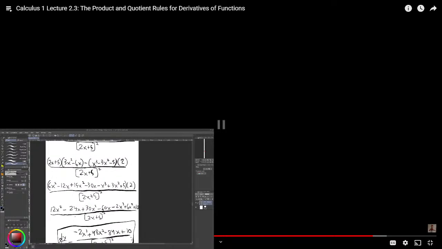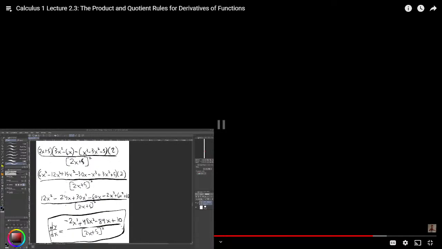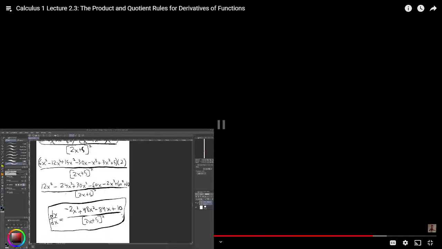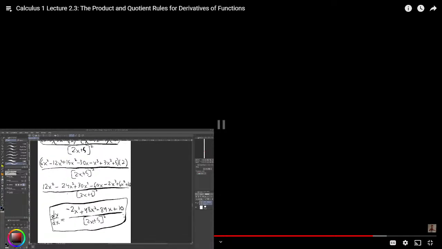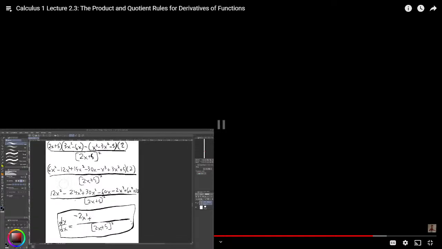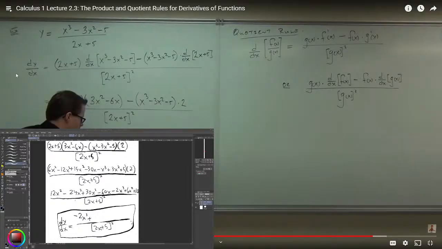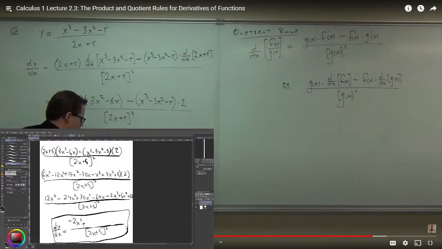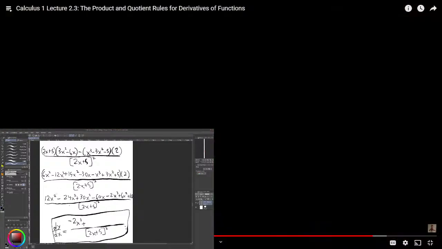I guess I don't know how to distribute, because I got a negative 12x here. That messes me up a little bit. Plus 15x squared minus 30x minus 2x minus x cubed.